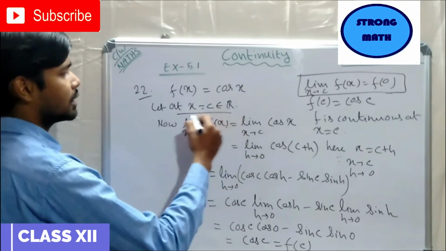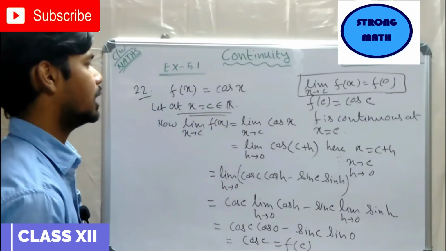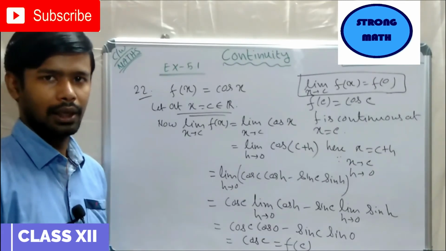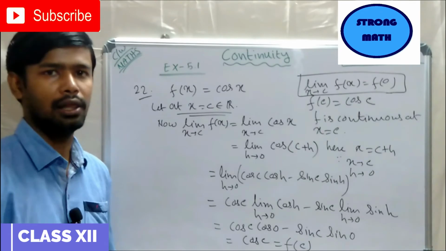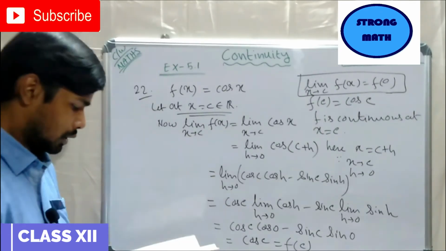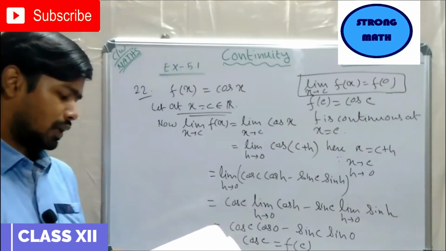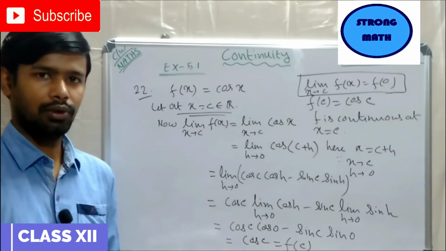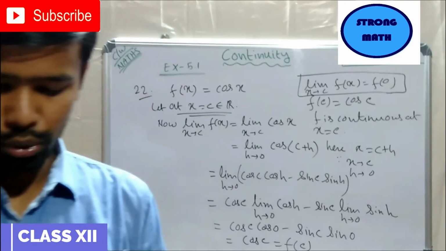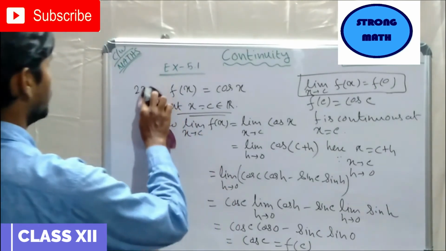Since c is any arbitrary real number, f is continuous everywhere, that is, at every real number. Clear? Similarly, you can show yourself that cosecant, secant and cotangent functions are also continuous. Try yourself at home. Next, we'll do problem number 23.